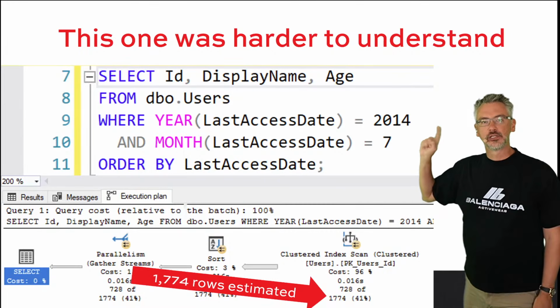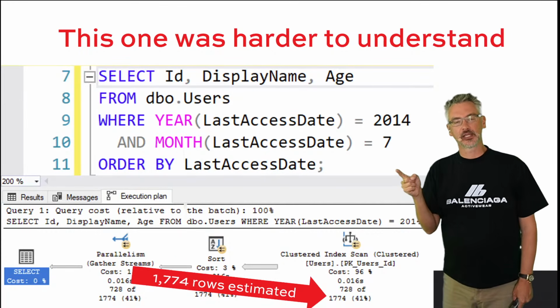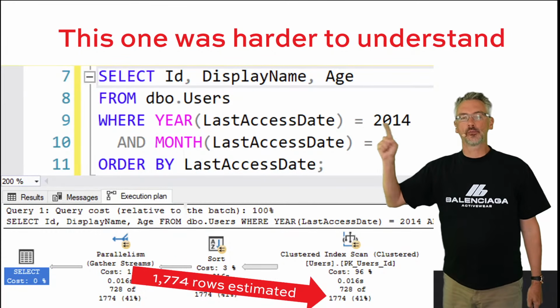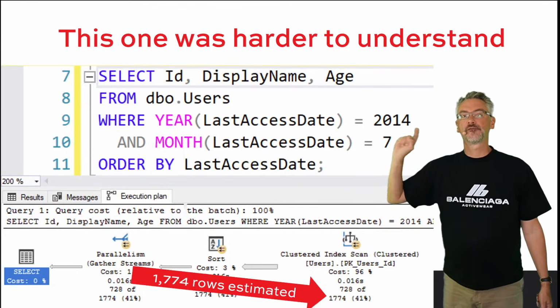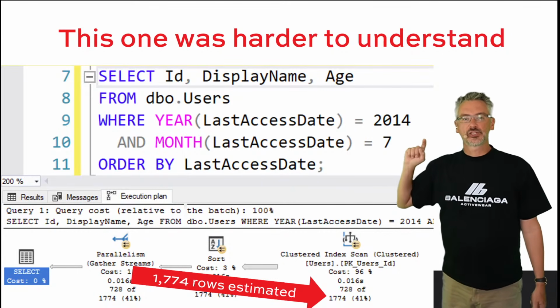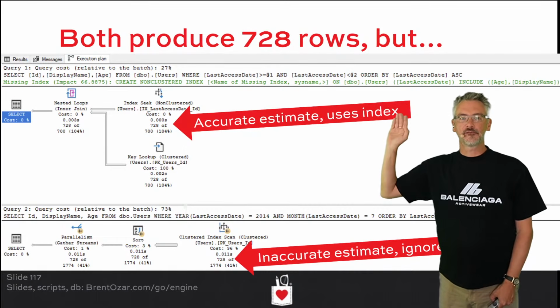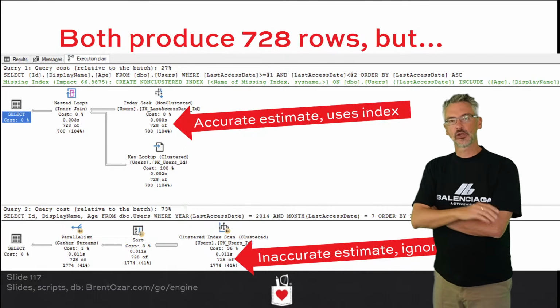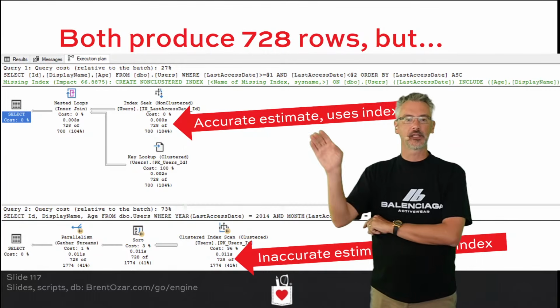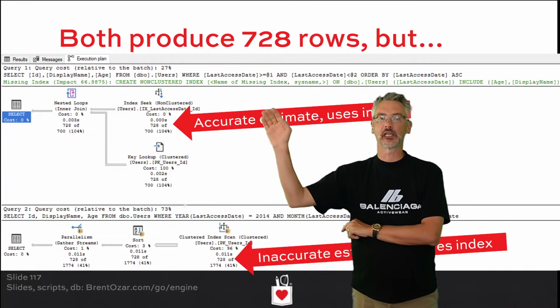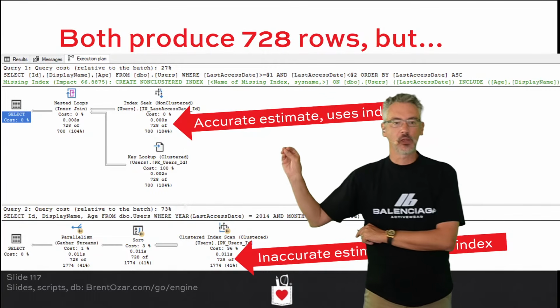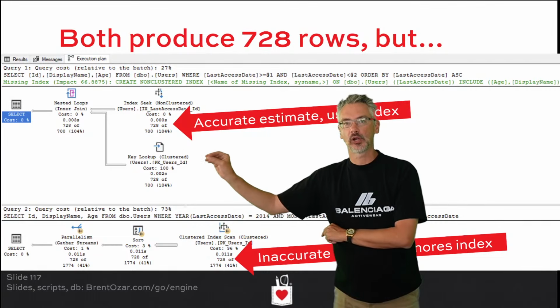Notice that the estimated number of rows is different. SQL Server doesn't have statistics on the output of these functions, so the estimate is wrong. In the first one, SQL Server accurately estimated that the number of rows would be low, that it would do a limited number of key lookups.